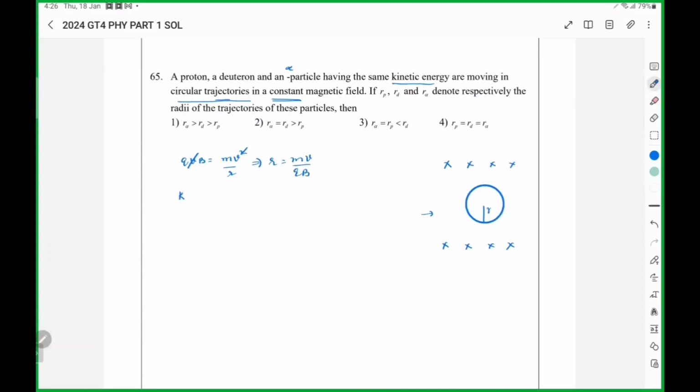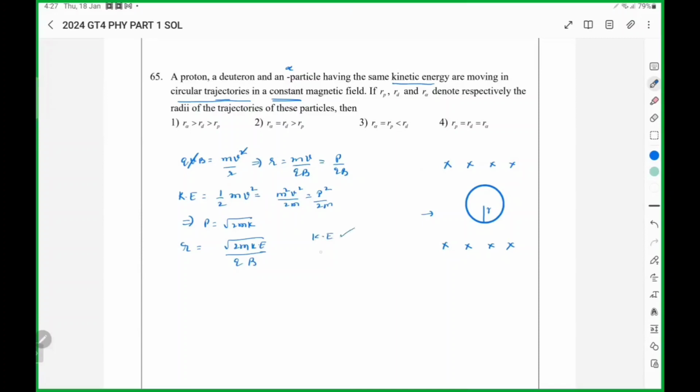He told us the kinetic energy is the same, so R is P by QB, where P is root of 2 m times kinetic energy.